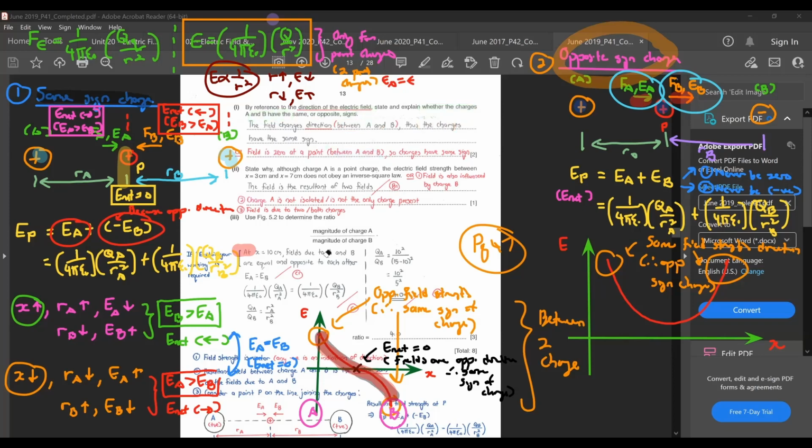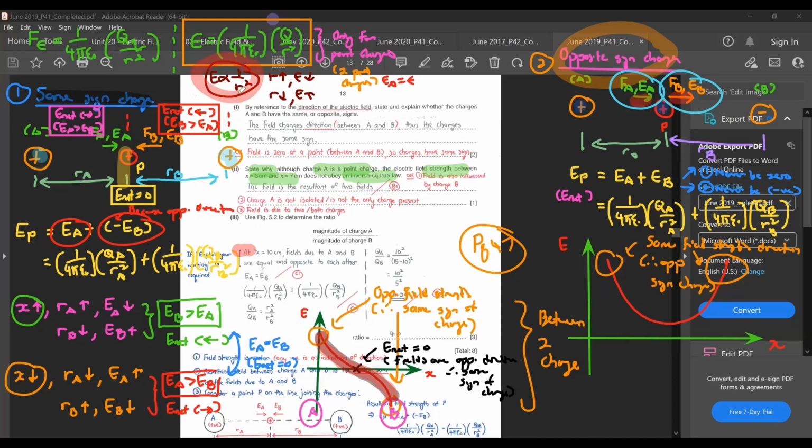Okay, then after that, go and look at part 2. For part 2, they mention state why, although charge A is a point charge, the electric field strength between x 3 centimeter and 7 centimeter does not obey inverse square law. When they say does not obey inverse square law, they're really asking you this. This is your inverse square law.